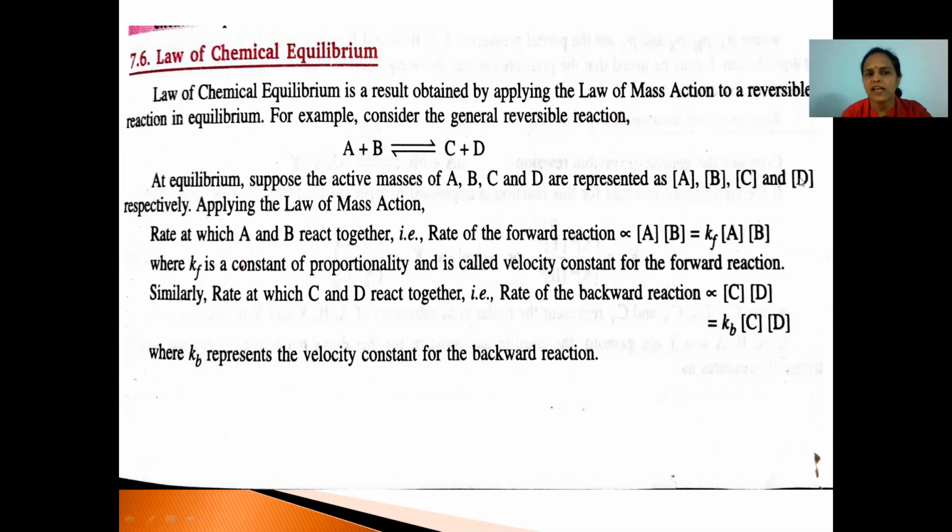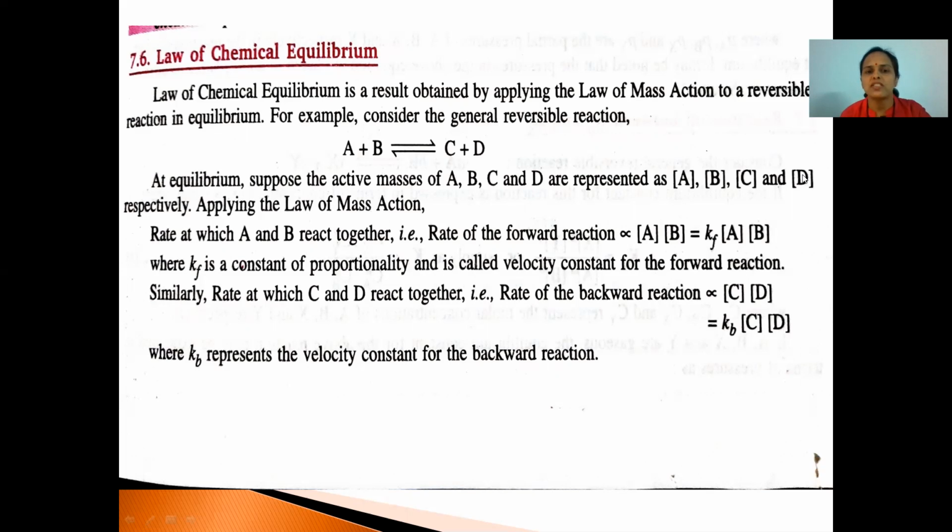Applying the law of mass action, the rate at which A and B react together, that is, the rate of the forward reaction, is proportional to the active mass of A into the active mass of B. Removing the proportionality sign, a constant of proportionality Kf comes in: rate of forward reaction equals Kf into [A] into [B], where Kf is called the velocity constant for the forward reaction.